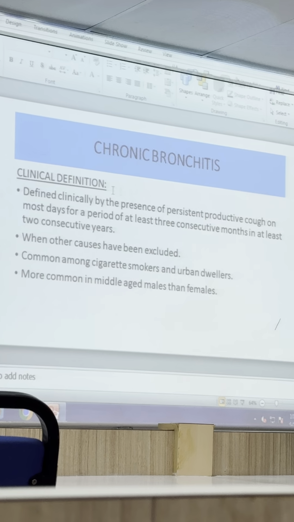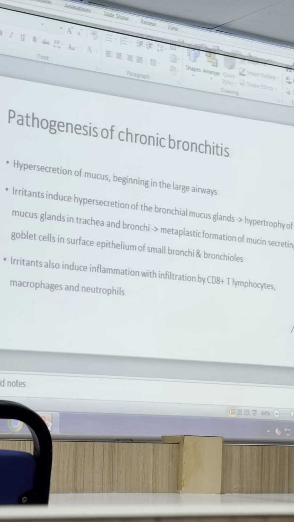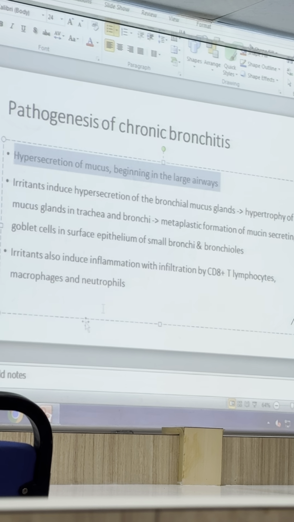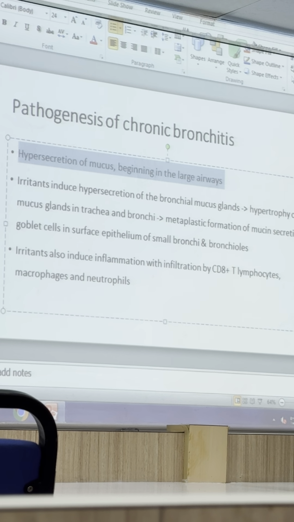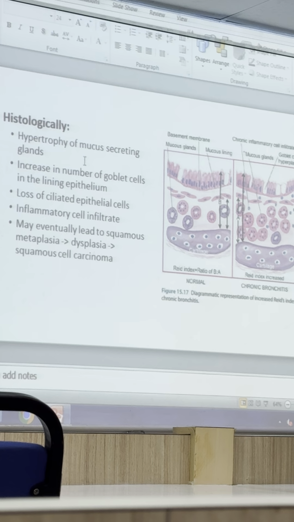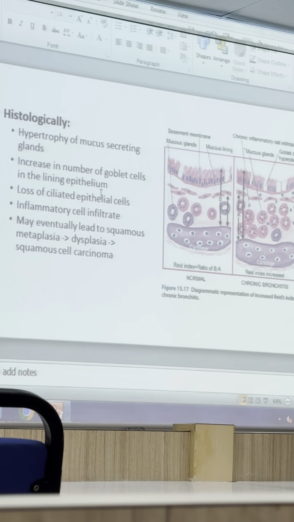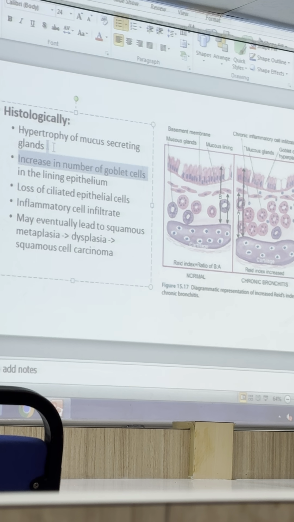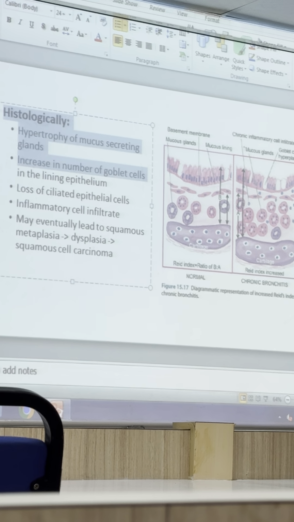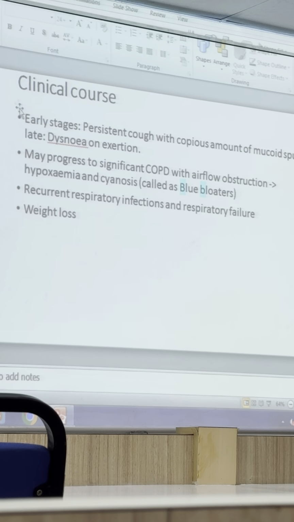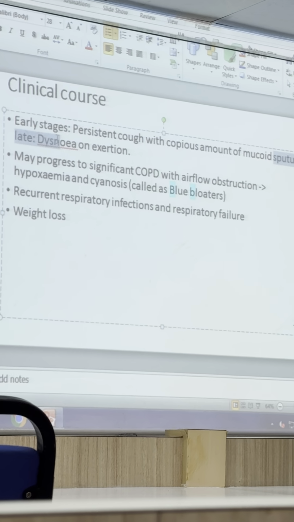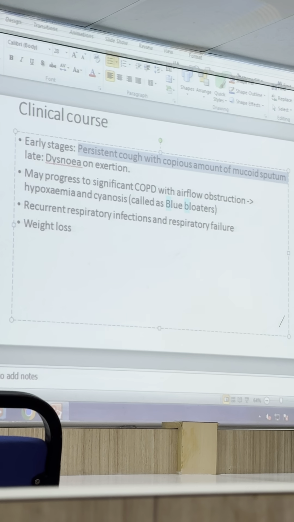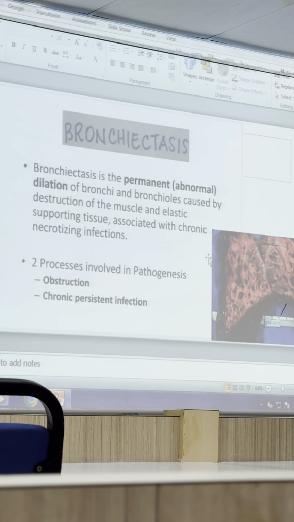Then chronic bronchitis definition: it is caused by the hypersecretion of mucus. The main feature will be cough with large amounts of sputum. Same goes for bronchiectasis.